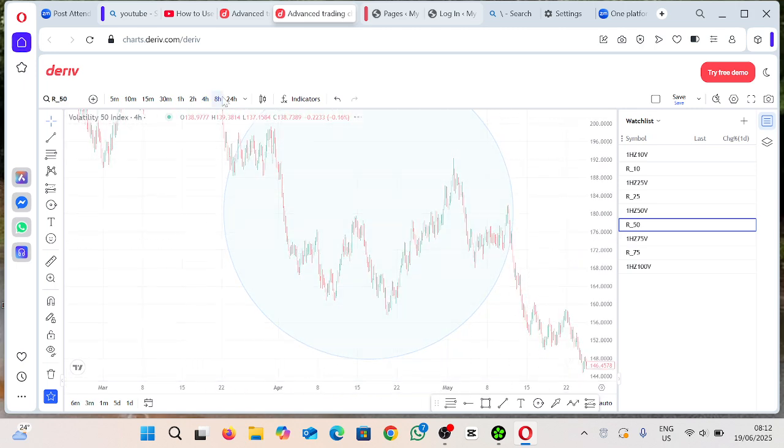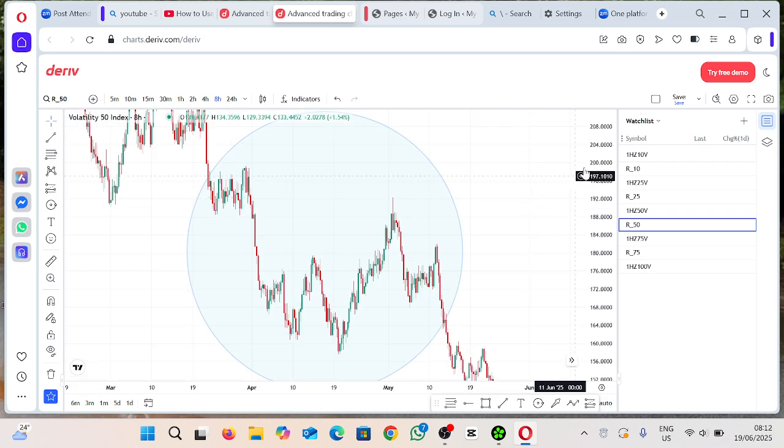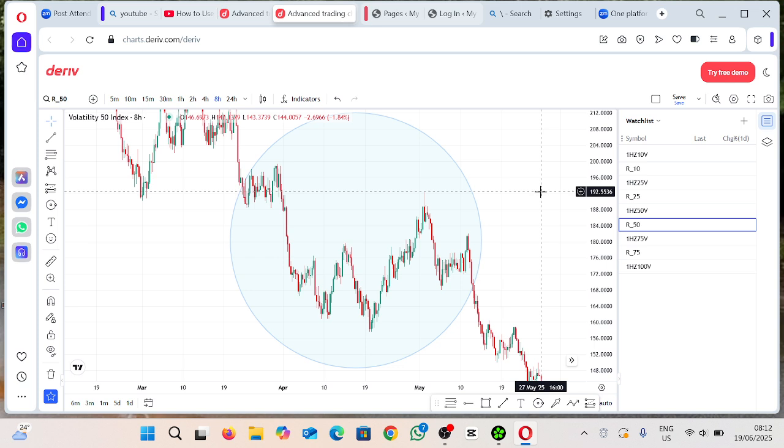Or rather, let's use the 8-hour time frame. You go and see from this 8-hour time frame, from the rules of the advanced market structure.